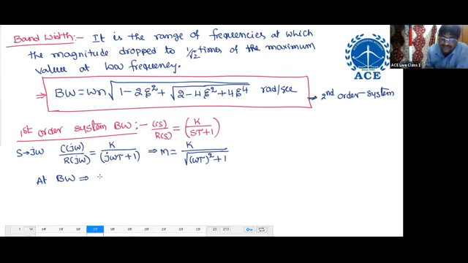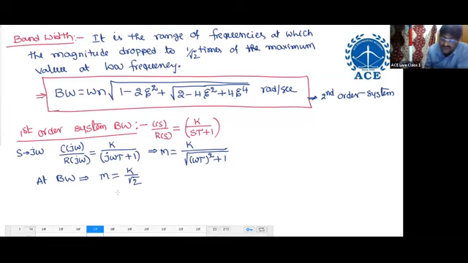First order is very easy. At bandwidth, magnitude equals 1 by root 2 times the magnitude at omega 0, which is K. That means at the bandwidth, magnitude equals K by root 2. The maximum value K is at omega 0, because these are low pass filters.